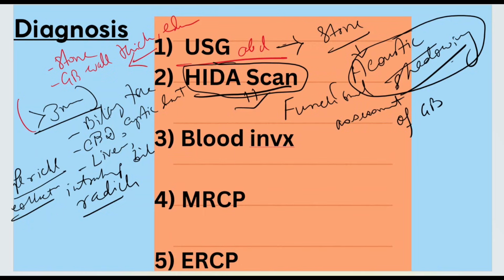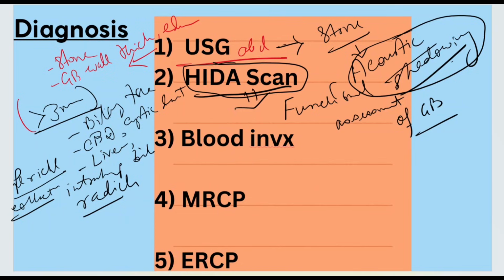If there is cholecystitis, GB stasis, GB is not properly functioning, then that can be seen in HIDA. Within 30 minutes of injecting the radioactive dye, we should see the biliary tree and the GB. If we don't see the gallbladder even after 30 minutes, that means some functional abnormality is present in the GB. Okay, so that is HIDA scan.